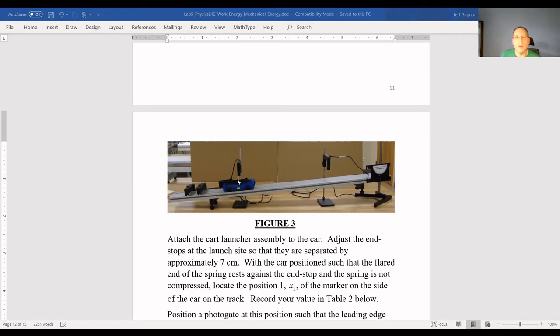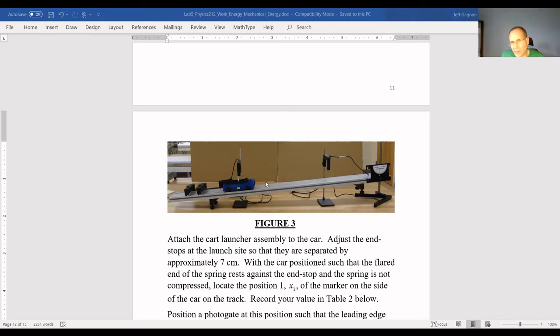So what's going on here? Basically, there's some initial potential energy, because I'm going to call the table my reference point. If I measure the height from the table to, let's say, this little sticker on the car, that's going to be my initial height. So mg times that initial height is my initial potential energy.